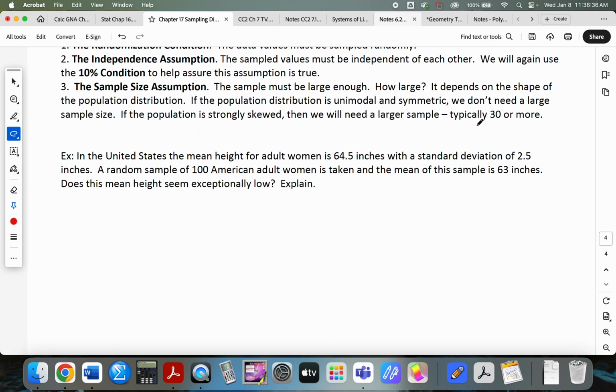So typically, and this came from somebody who wrote an article and said, yeah, 30 ought to be enough. And ever since then, statisticians have glommed onto that idea, and that is sort of the gold standard without any really good mathematical reason. But we all kind of nod our heads and go, okay.